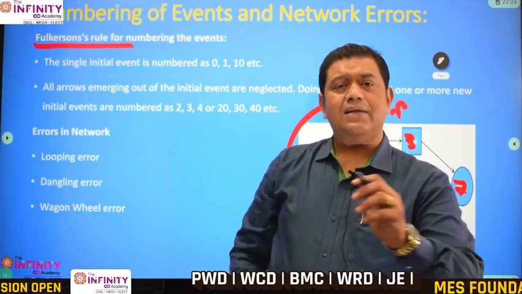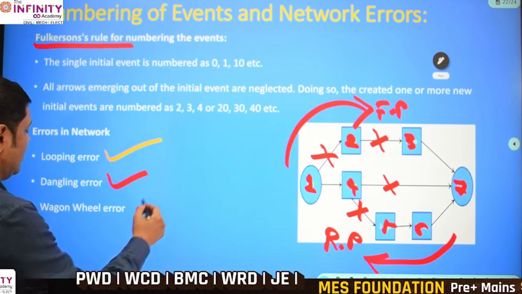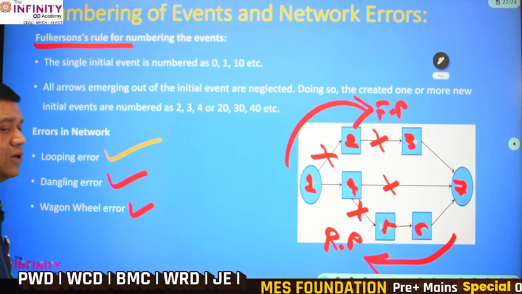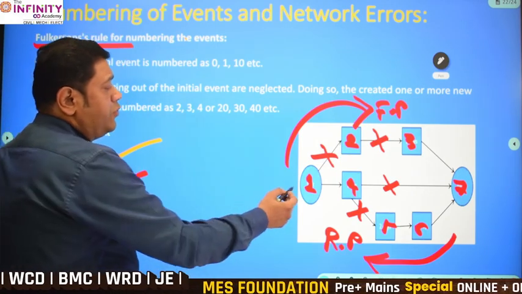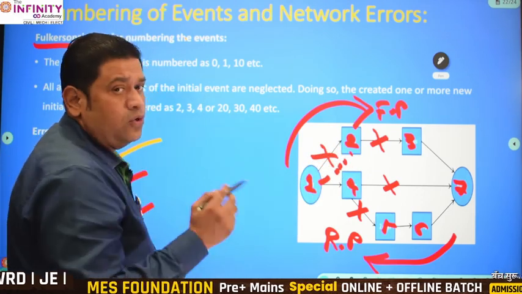errors. The errors can be looping error, dangling error, or wagon wheel error. Now, looping error means if you relate 1 to 2 and you again say 2 is related to 1, then this is a looping error.